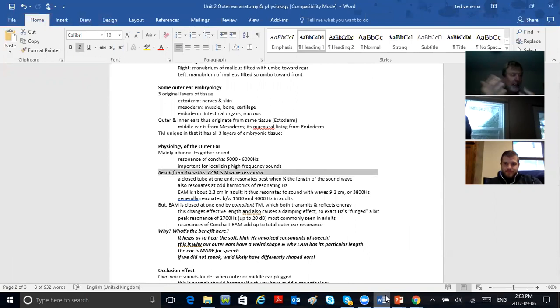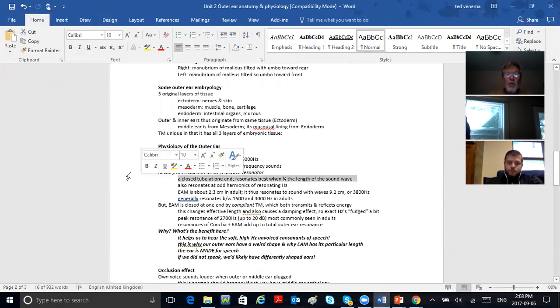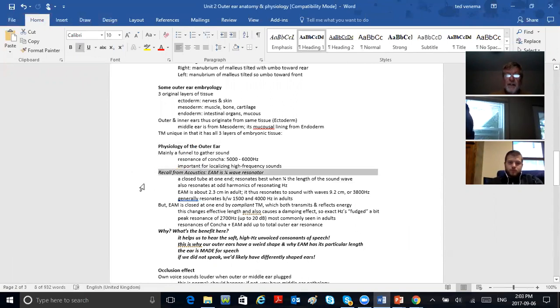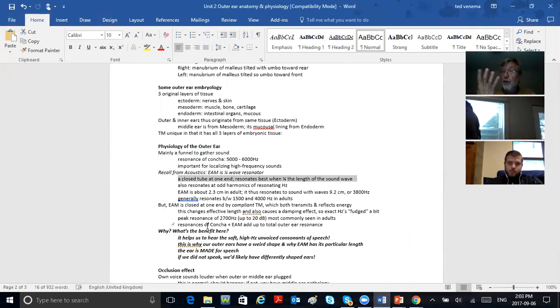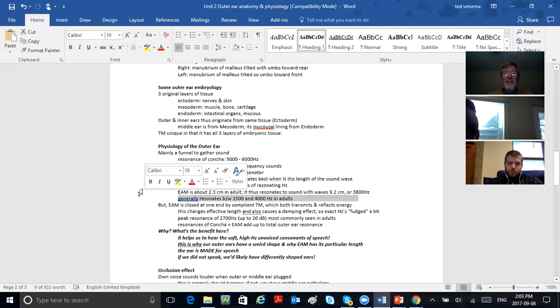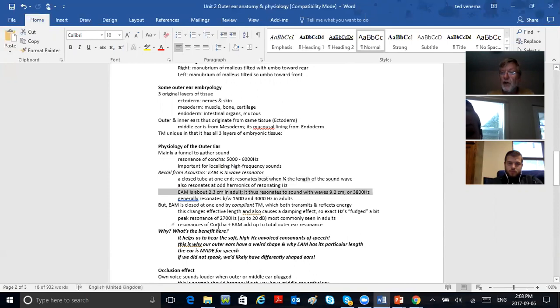This is why I like to have the two courses taught simultaneously, side by side. So read here, it's a quarter wave resonator, closed at one end, resonates best when it's a quarter the length of the sound wave, or with sound waves that are 4 times its length. The ear canal is basically 2.3 centimeters long in adults.